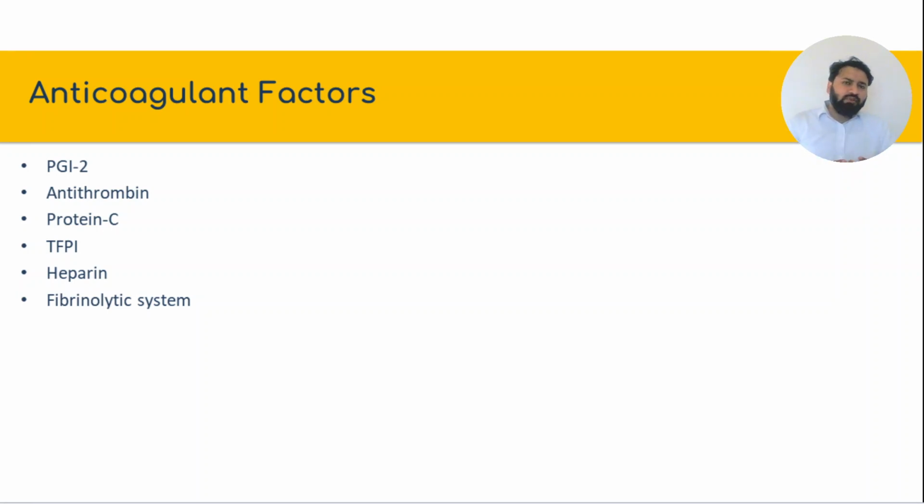So these anticoagulant drugs basically inhibit either the action of the coagulation factor, just like heparin, or they interfere with the synthesis of the coagulation factor, just like warfarin. So two options are there for the anticoagulant drugs.